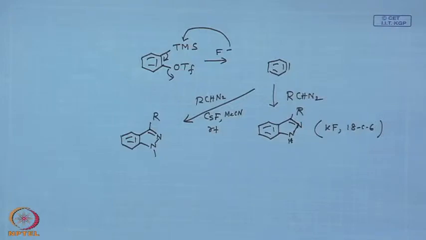Or in fact you can get it as the major product, provided you monitor the reaction, or rather optimize the reaction. Okay. And what could be the byproduct? Guess. If you have a little mechanistic approach, you can quickly come up with the byproduct you will be getting here.